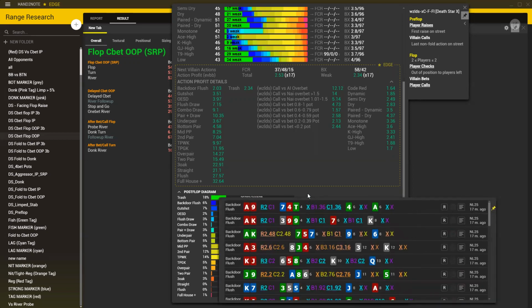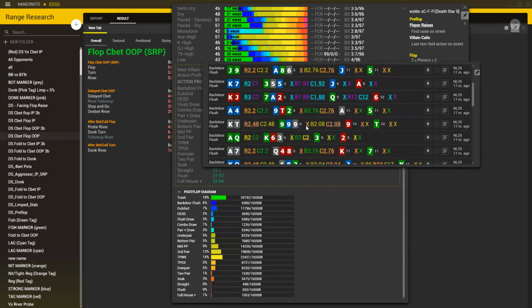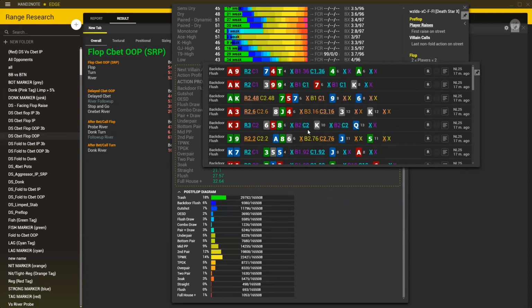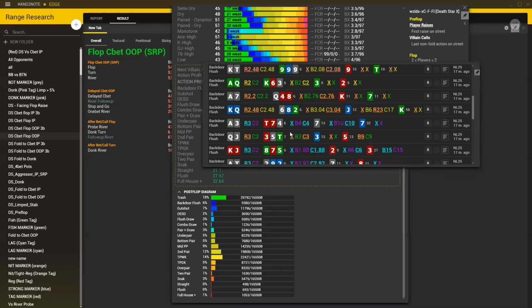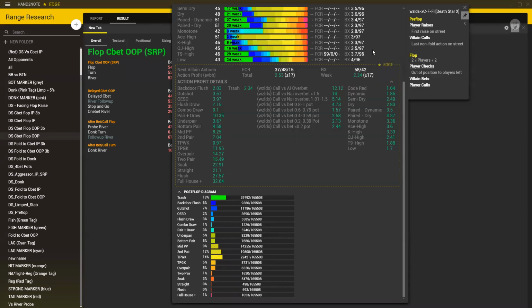I wouldn't be surprised if this gets generated by someone who is planning to check fold, but then there's a very small float bet. Like if you look down the list here, there's some very small float bets going on. So these hands end up being check called instead. So I guess there is some air in the range here as well. But I think a lot of the time, it's going to end up being more speculative backdoor equity type hands rather than direct draws.